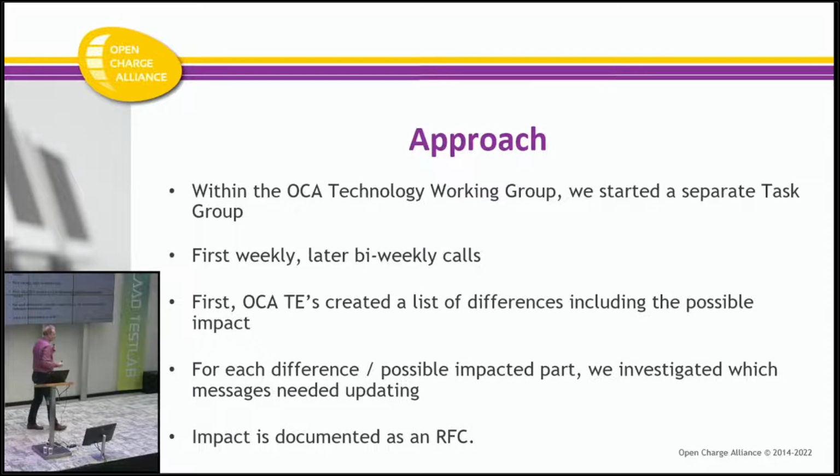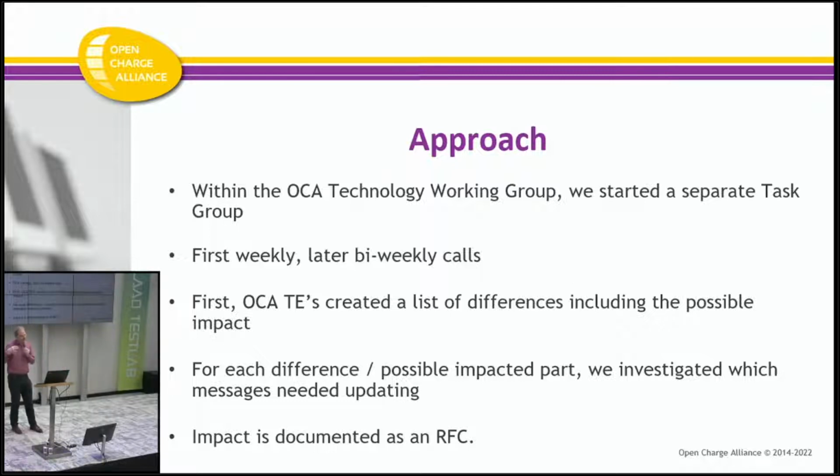So the approach, for those of you who are familiar, may already have guessed this. Within the technology working group, when we have specific topics, we always create a separate task group. So this is also what we did for this topic. We started off weekly and then later bi-weekly to get up to speed in the beginning. What we did is we created a list of things by just reading through it and just created a list of possible impacted parts for the OCPP specification.